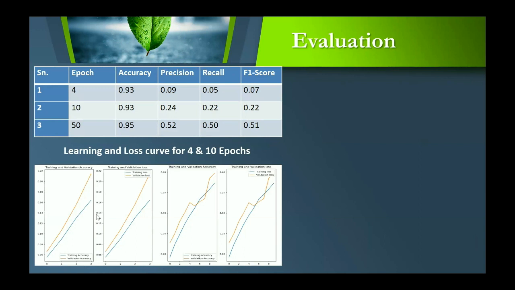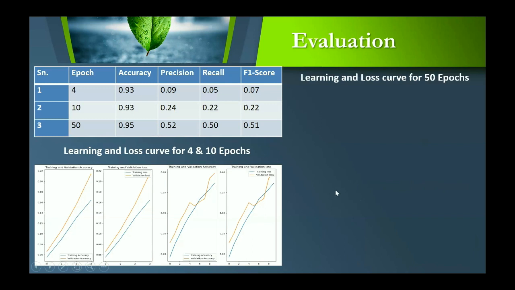And this clearly shows its impact on the precision and recall, which are very low, as we see there. 10 epochs actually showed a level of covariance around this area, which is a good learning situation, because we're looking at the learning curve and the loss curve here, and we can clearly see an improvement.